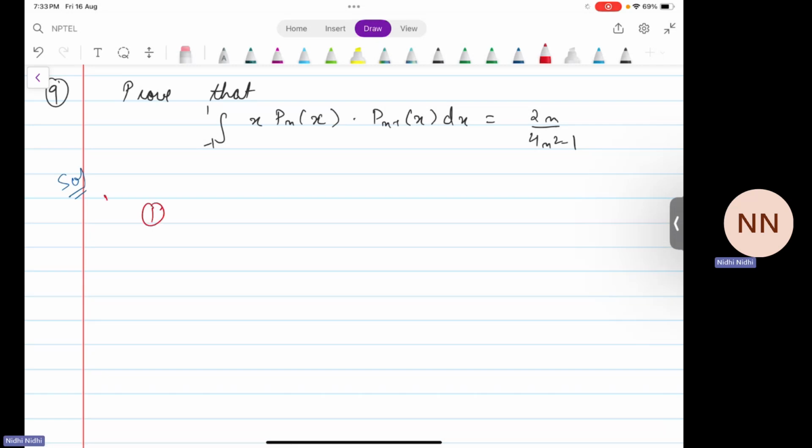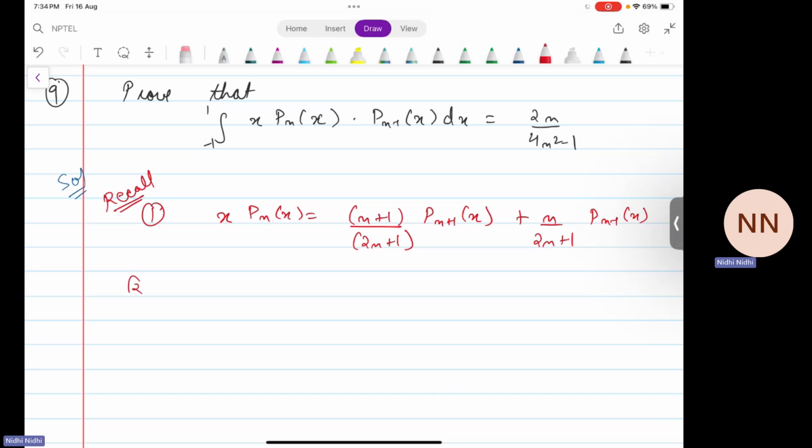First one is, let's just recall. We'll be using the same results in the next questions as well, so it's better to recall. We have x Pn(x) is equal to (n+1)/(2n+1) times Pn+1(x) plus n/(2n+1) Pn-1(x), and the second one is the integral from -1 to 1 of Pm(x) Pn(x) is equal to 0 if m is not equal to n.